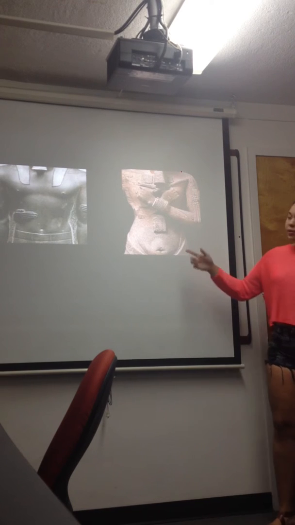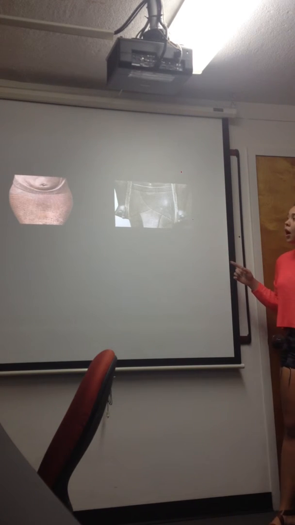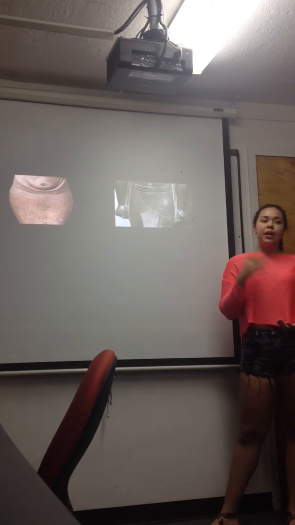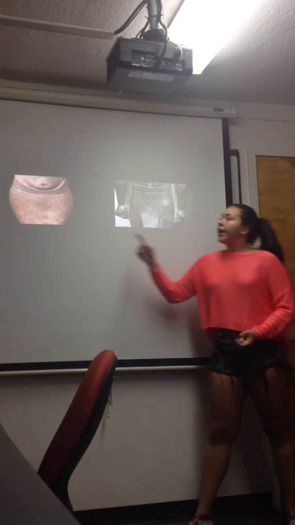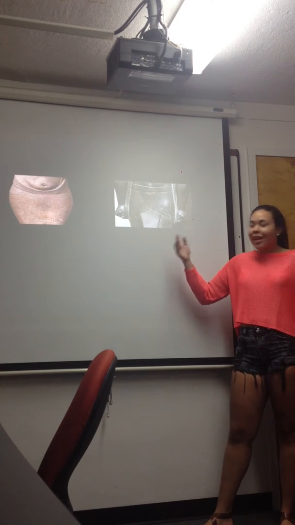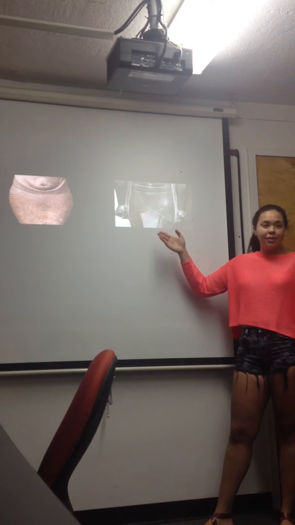Next. There's a kind of confusion, because when I was looking for information, it says that he's nude and with no genitals, but I see that he actually has a kilt.